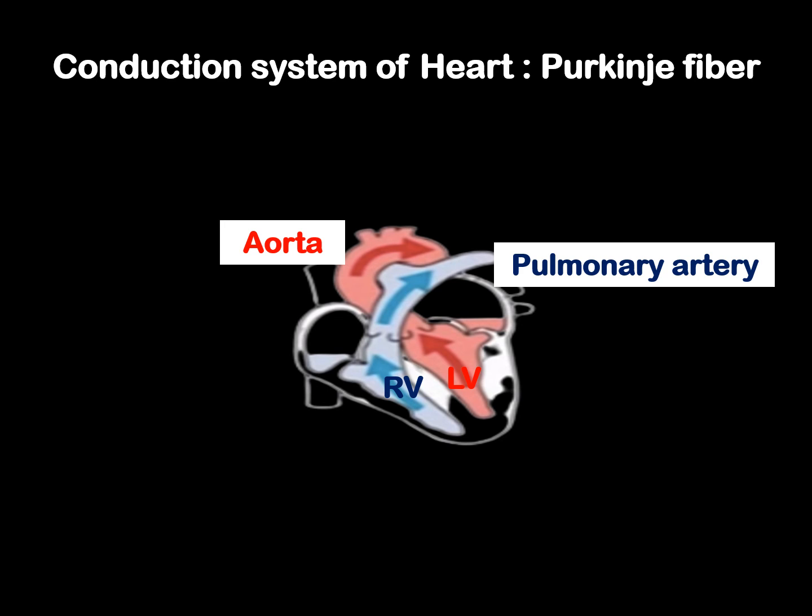You can see over here. Once the ventricle receives the signal, from the right ventricle the deoxygenated blood goes into the pulmonary artery, and from the left ventricle, oxygenated blood goes into the aorta, जो biggest artery होता है, which is responsible for supply of blood to the entire body. So that ultimately generates the heartbeat.